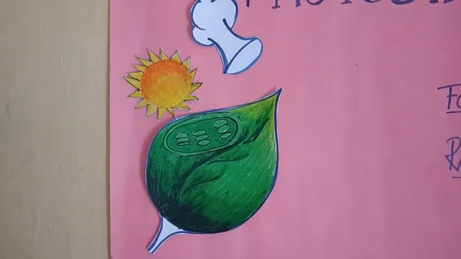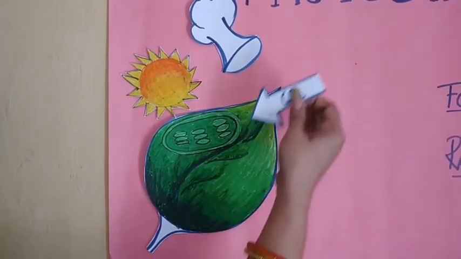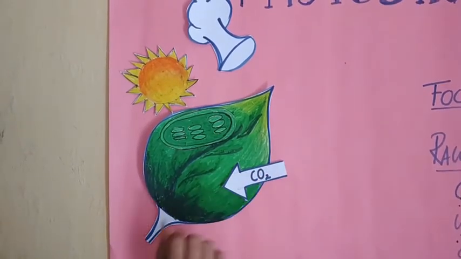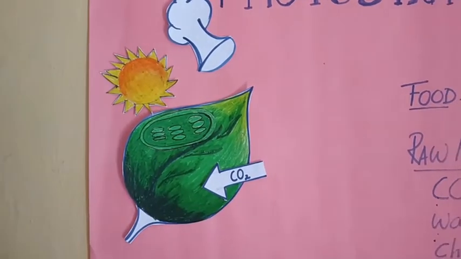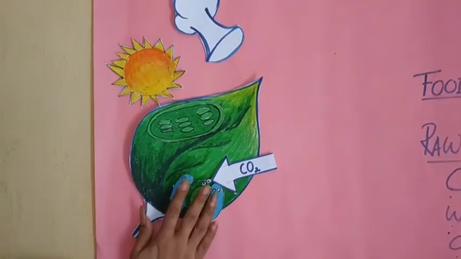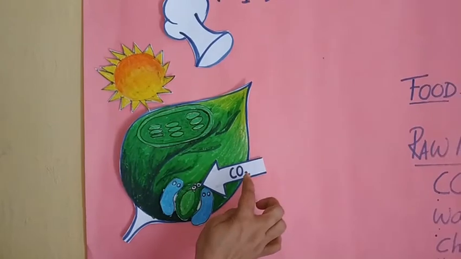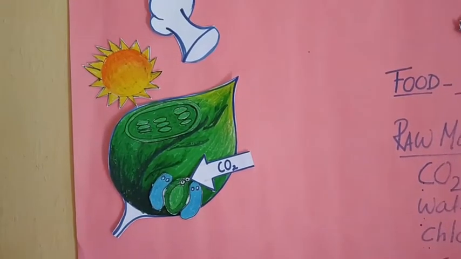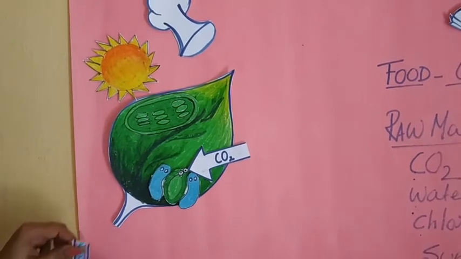Now carbon dioxide from the atmosphere, the air has carbon dioxide, and it will enter the leaves. How? Which is the delivery boy we have already discussed? The stomata. So the leaf has stomata, and from the atmosphere, carbon dioxide will enter through the stomata. Now, water and minerals, how will they come?